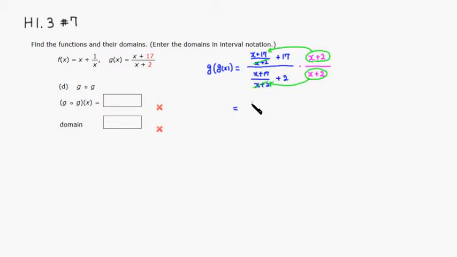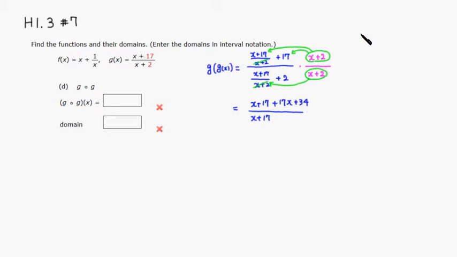So you're going to get x plus 17 here, and also x plus 17 here. Then we still need to distribute the x plus 2 to 17. So this is going to be plus 17x, and 17 times 2 would be 34.